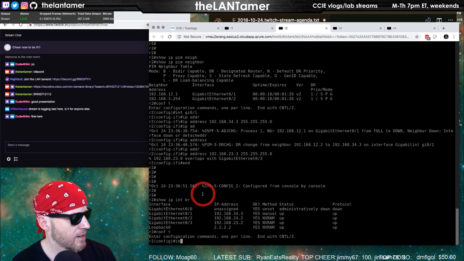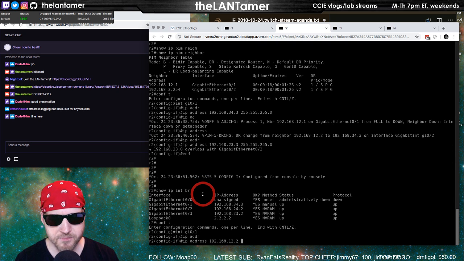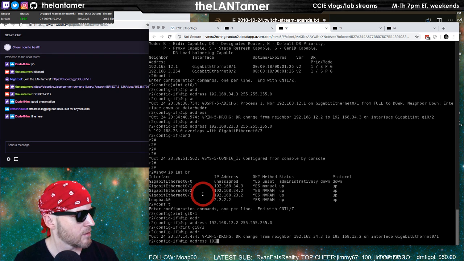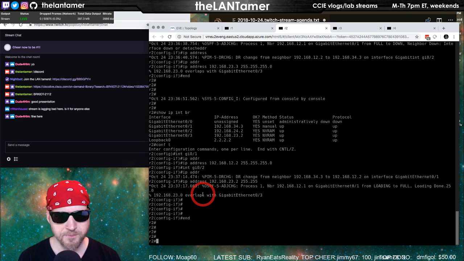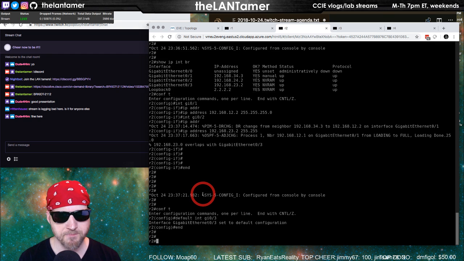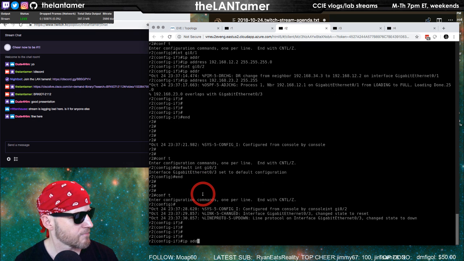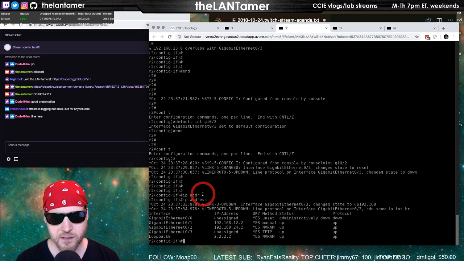Okay, we got a whole mess here going on. All right, interface Gi0/1. Gi0/2. Okay. Default interface Gi0/3. Do show IP interface brief. 24.2. Nope, that's a typo.